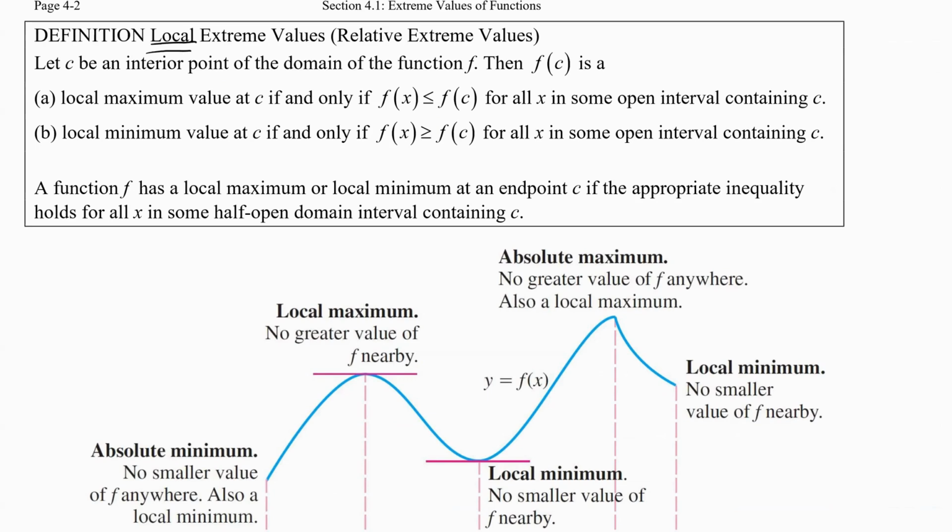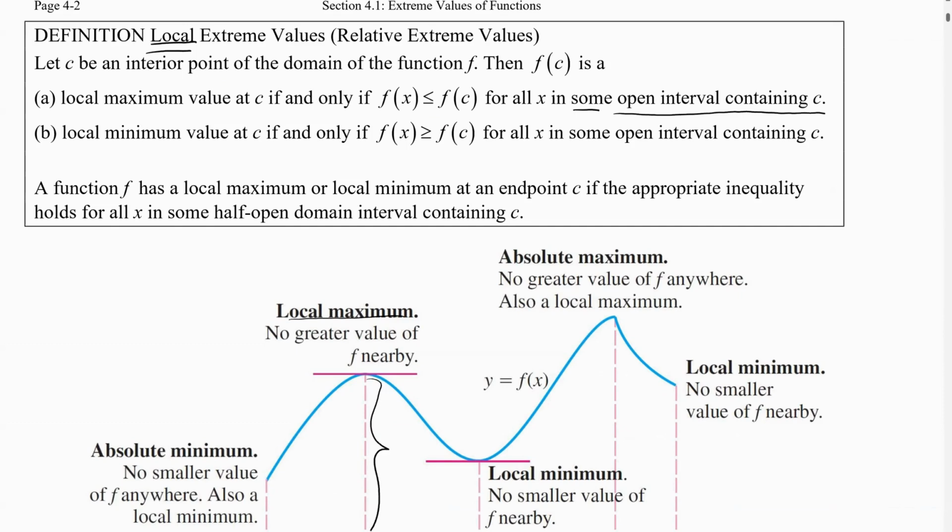The more rigorous mathematical phrasing of this is that it's larger than any other value for some open interval containing the value where we say the local max or local min is. So, for example, here is a local maximum.